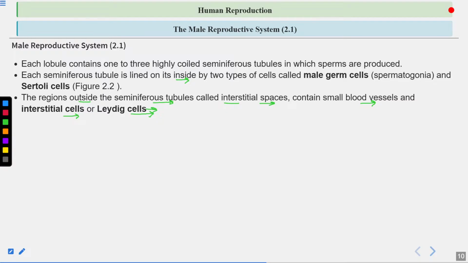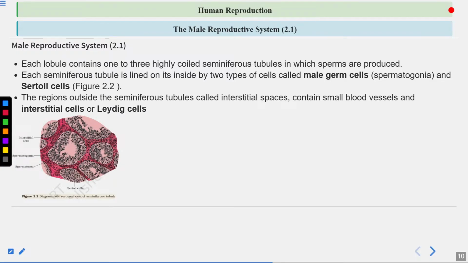Which androgen? Testosterone. So Leydig cells secrete testosterone, which is an androgen. It is a male hormone. Where are Leydig cells present? They are present in the regions outside the seminiferous tubules, known as interstitial spaces. Remember, interstitial cells are also known as the Leydig cells.